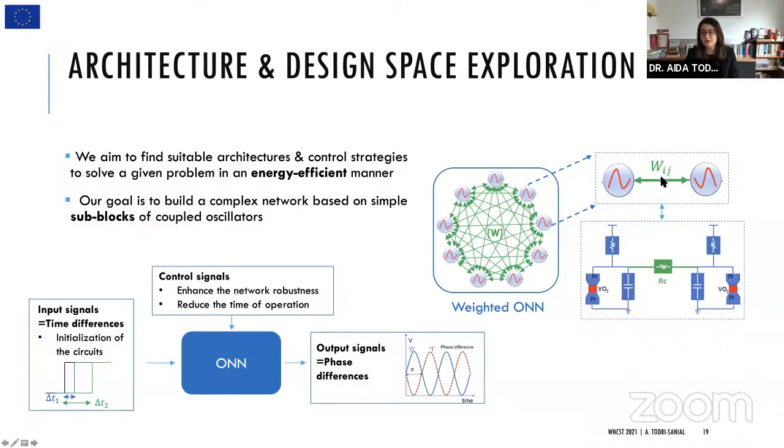And the main goal here is how to adjust the weights. So what would be the adjustment of the weights, how to control them in order to be able to perform a meaningful application. So there is the initialization, which matters, the control signals, and also how you get the phase differences out of the system, in order to be able to understand the white or black or something in between pixels.